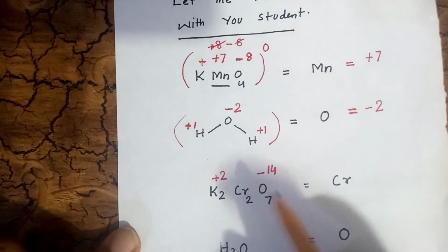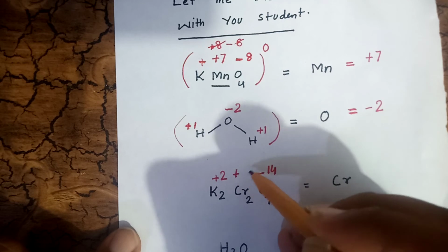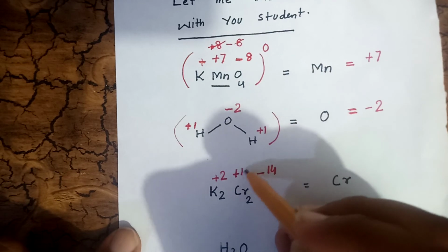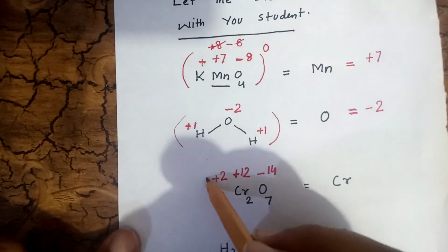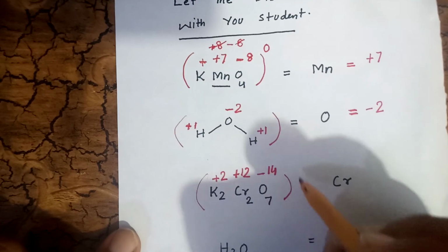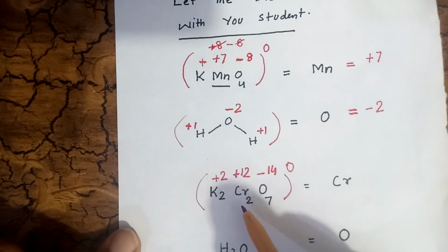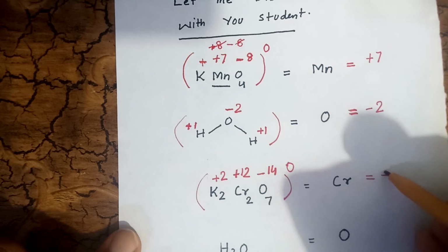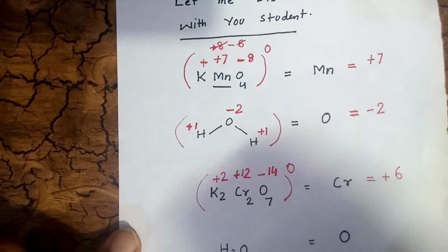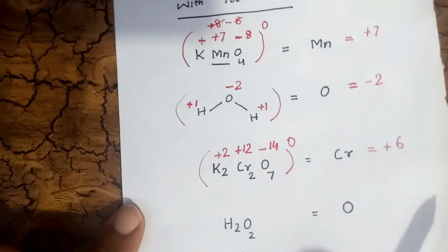I should give +12 to both of the chromium, so as to neutralize potassium dichromate. So for one chromium the oxidation state is +6.